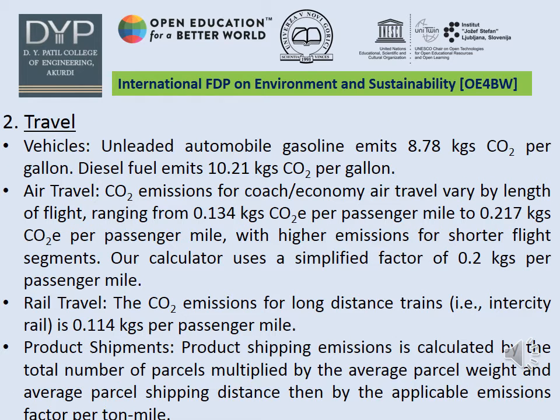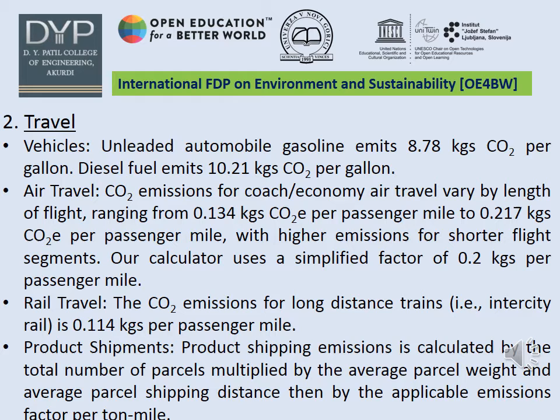Second, traveling. In traveling we use vehicles, air travel, rail travel and many more. In vehicles, unleaded automobile gasoline emits 8.78 kilograms CO2 per gallon, and diesel emits 10.21 kilograms CO2 per gallon.